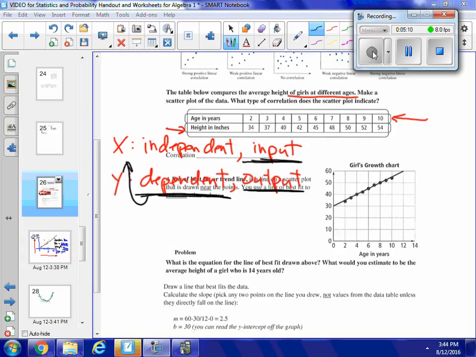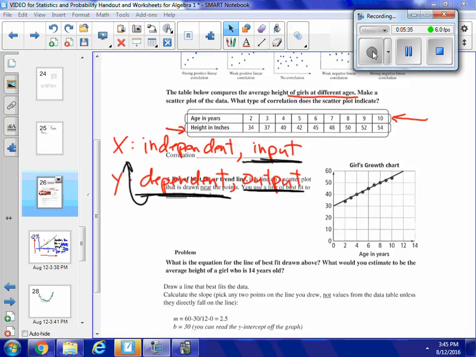It's the age of the girl that kind of determines the height. The height is dependent, for the most part, on the age. So the x-axis is going to be independent, and the y-axis is going to be dependent. The x-axis is my input value, and the y-axis is my output value.